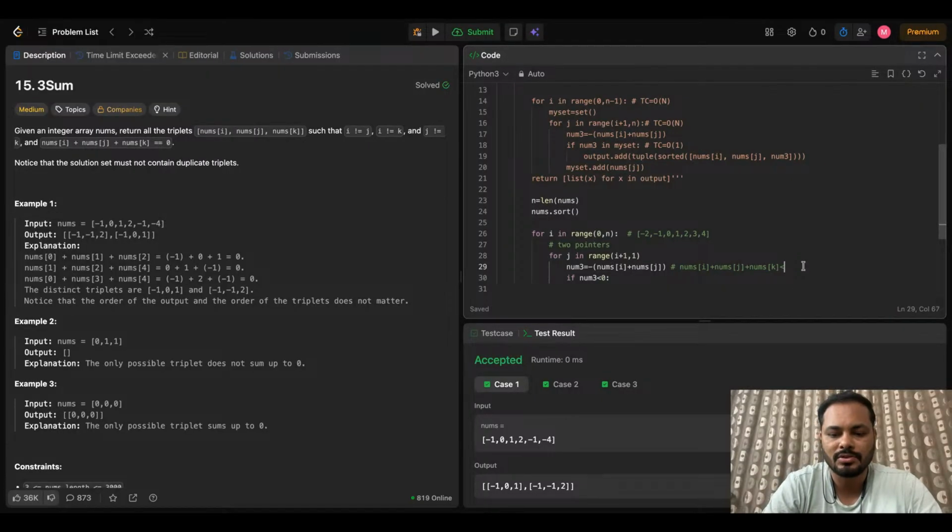If all this summation is less than 0, then what I have to do, I have to push my j plus plus. So in this case, my nums of k will be equal to nums of I and nums of j only.